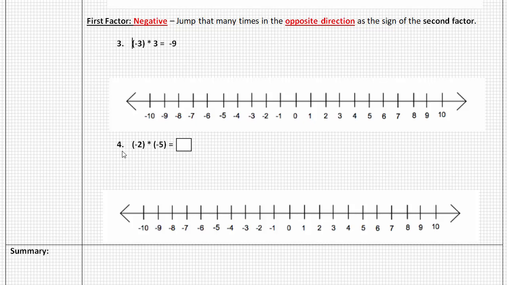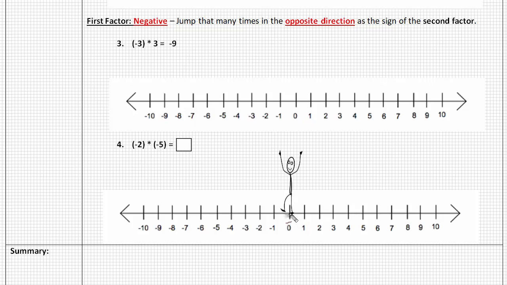Here's our fourth example. Negative 2 times negative 5. Once again, our first factor is negative, so it tells us that we're going to jump 2 times, but because it's negative, we're going to jump the opposite direction of the sign of the second factor. Since the second factor here, negative 5, is a negative, we're going to jump towards the positives.